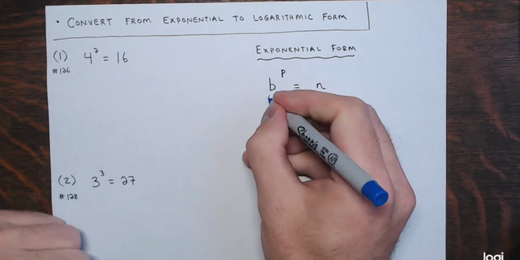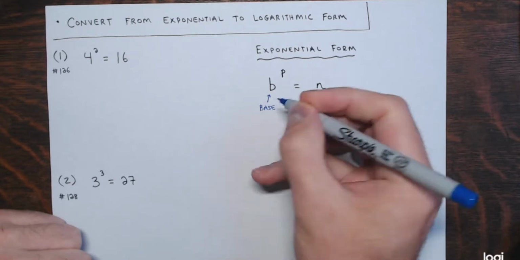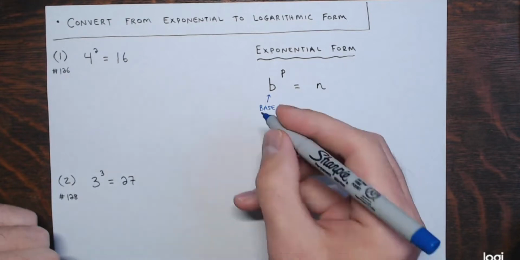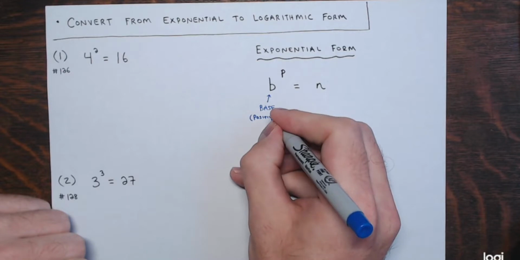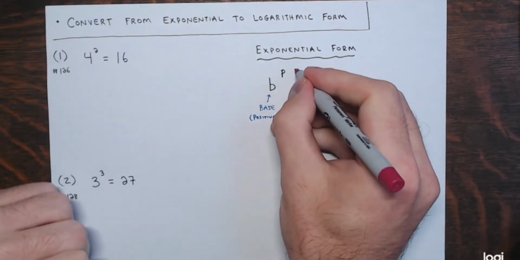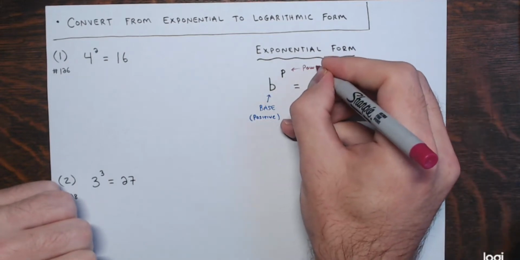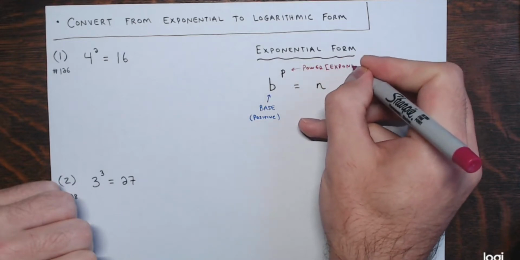So you have a base, and the base for all these problems is going to be a positive number. For every single problem we're going to deal with, the base will be a positive number. Then you have a power, or an exponent, thus the name exponential form. Power, exponent, same thing.